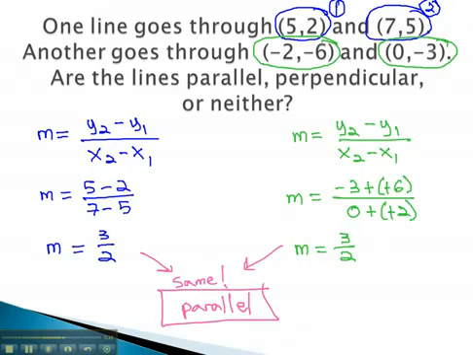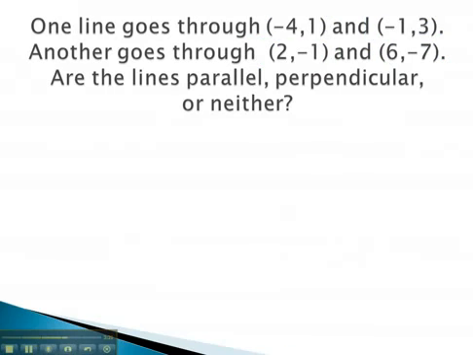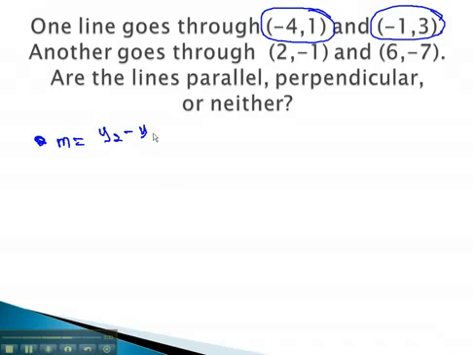Let's try another example where we investigate this relationship again. In this next problem, we will again consider each line individually. Let's find the slope of the first line using the formula m equals y2 minus y1 over x2 minus x1.